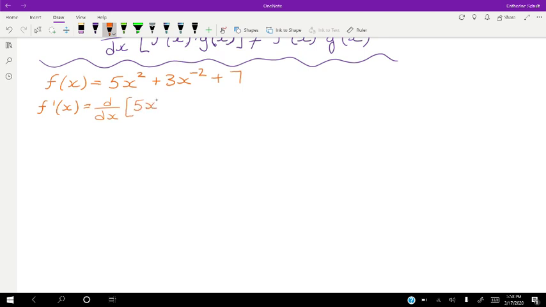So I'm just going to rewrite it like this. All right, and we see that we can use a lot of the theorems that we just had. So we have a sum, so we can take the derivative of all three terms separately. And then we have a constant in front of our power function. So we can ignore the constant a little bit and just focus on taking the derivative of the x squared and the x to the negative 2.